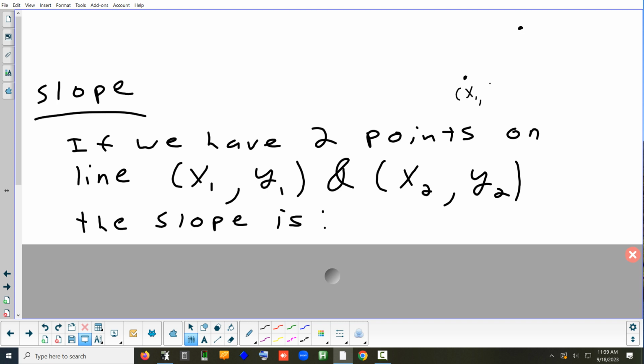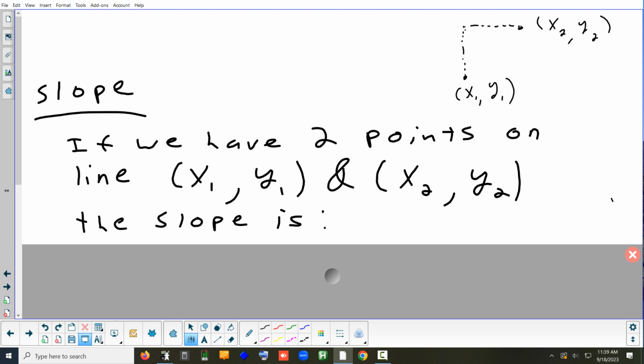Let's call this point x1, y1, and this point up here, x2, y2. How would you find that dotted distance that I just drew? That's called the rise between the points. Y2 minus y1.